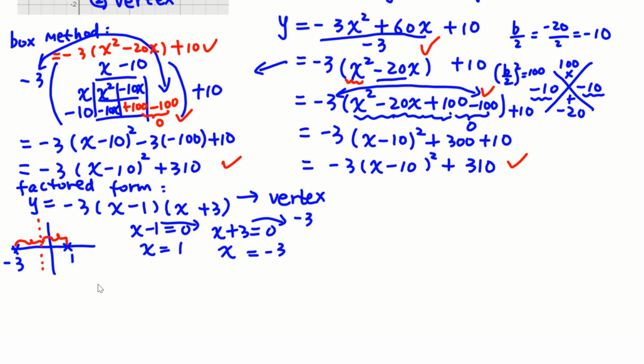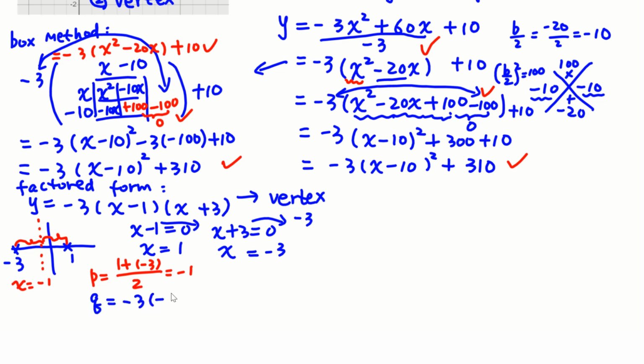So the midpoint of these 2 points will be the average of the 2 zeros. Then it will give you negative 1. So this is your axis of symmetry, this is your p-value. And we sub the p-value back into this equation, and you can find the q-value.